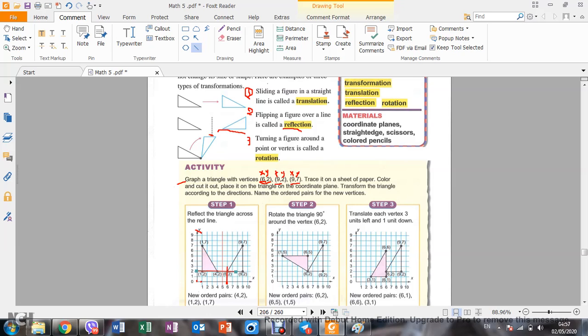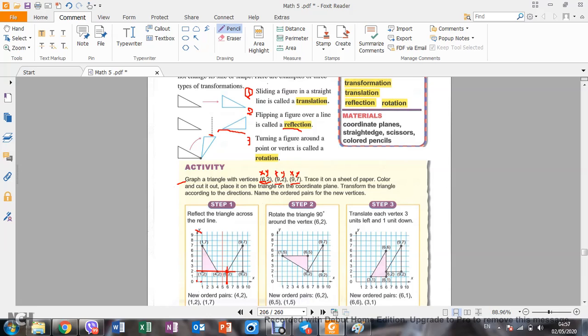When they join together, or overlap directly, put down a point here, and you write the point 6 and 2, okay.